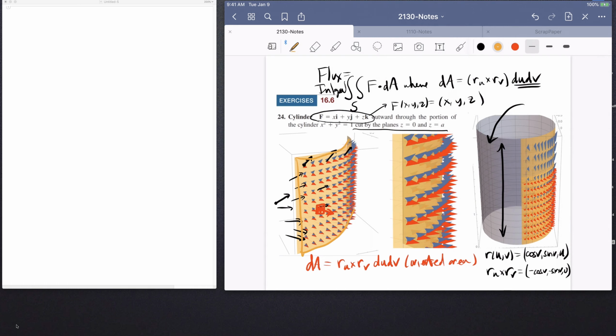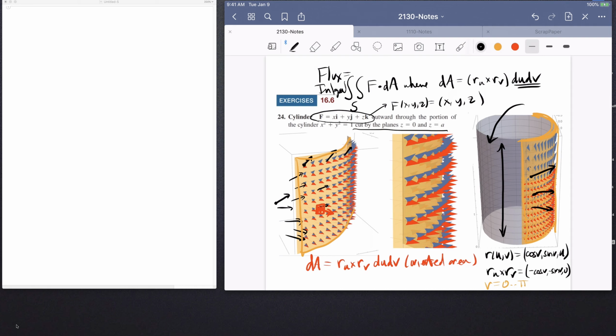It's not the whole cylinder, but part of the cylinder. That means we're going to have to put a restriction on the angle v. Maybe the angle goes from 0 to pi, so we've only got half of the cylinder, and we just care about how much of the vector field is crossing through this part of the surface.